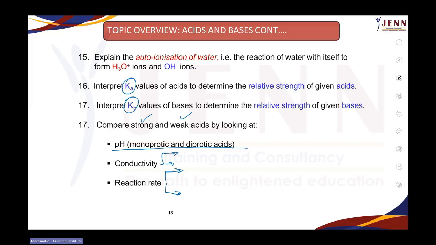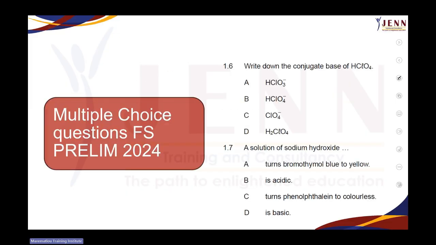Okay, moving right along. This is what I wanted to highlight to you. It's speaking to conjugate acids and conjugate bases. This is the paper they wrote last year, and these are the questions that came from acids and bases.